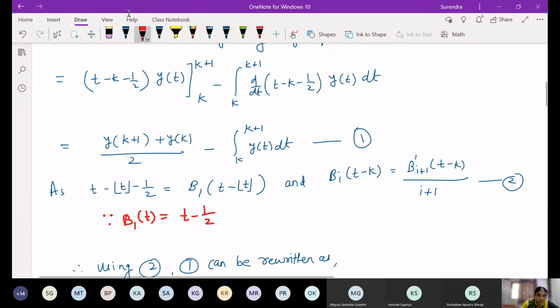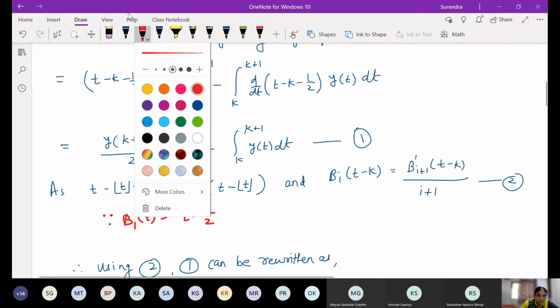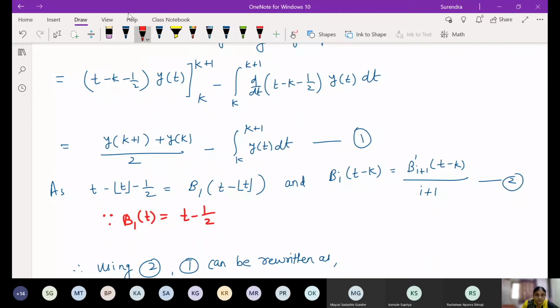Theorem 2.9a: b_k dash of t we have shown as k times b_(k minus 1) of t, for k greater than or equal to 1. So if I replace t by t minus k, what will be my b_(i+1) dash of t?